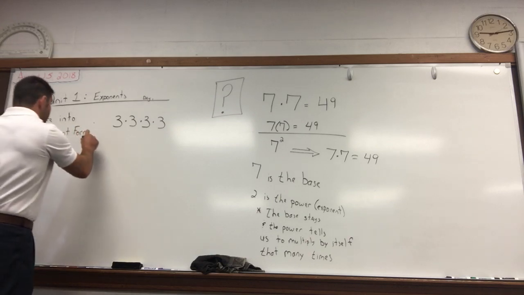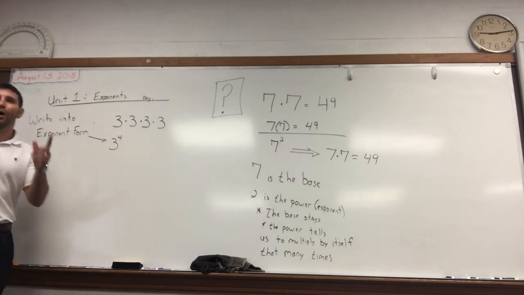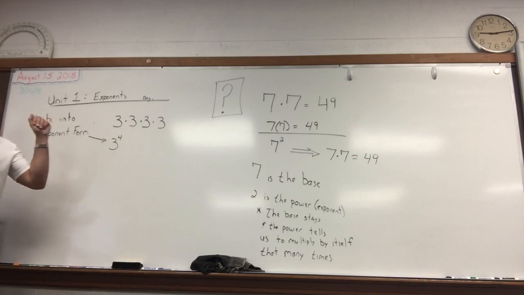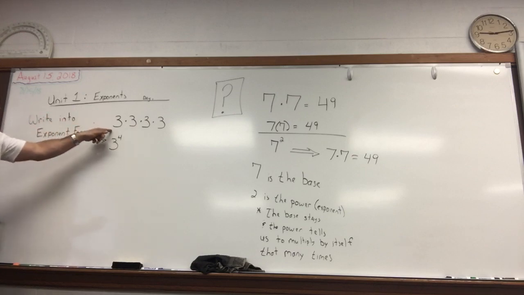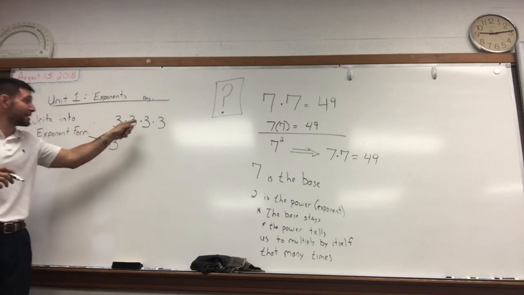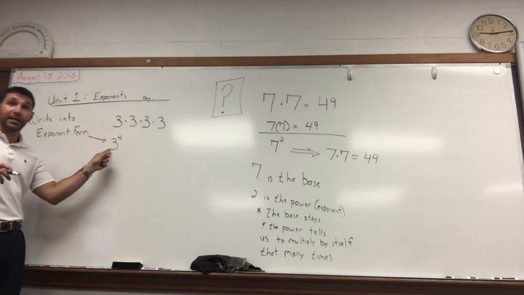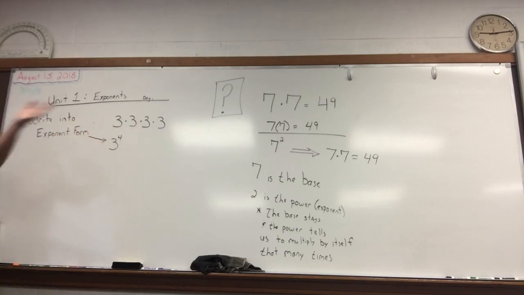Very good. Exponent form is 3 to the 4th power. Why? Well, how many 3's are getting multiplied by themselves? 4. The base stays the same. The power is how many times it's getting multiplied by itself. So there's 1, 2, 3, 4. 3 is the base to the 4th power.